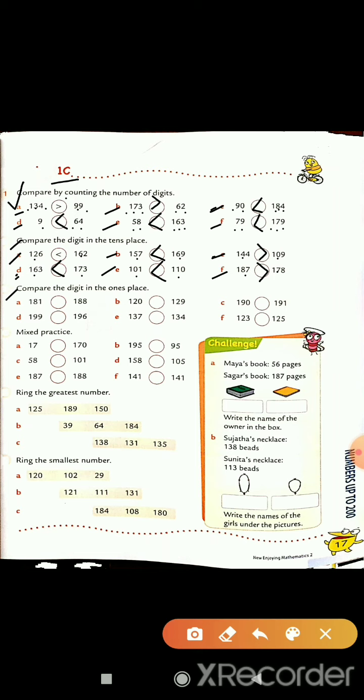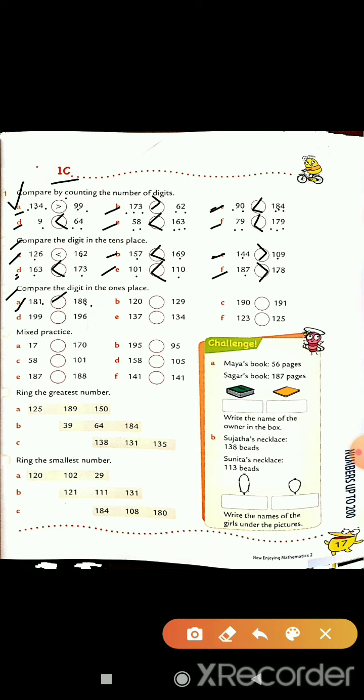Next, compare the digit in the ones place. Now here we have to compare the digit in the ones place. A1. 181, 188. What is there in the ones place at 181? 1 is there. And at 188, what is there in the ones place? 8 is there. So 8 is greater than 1.